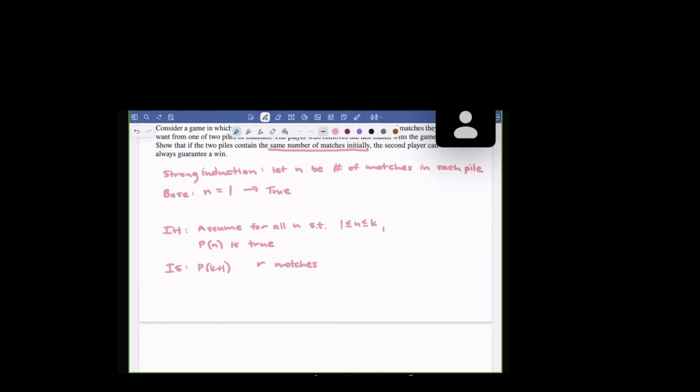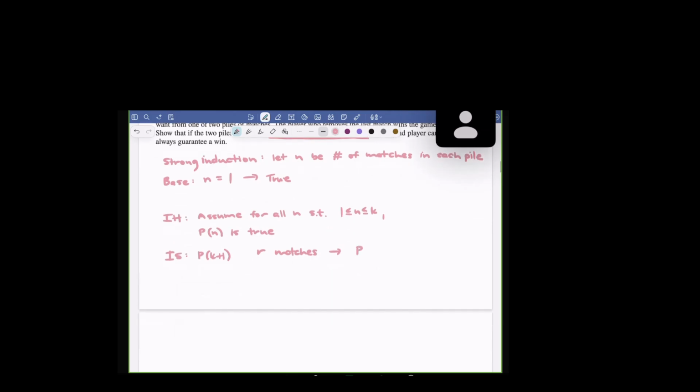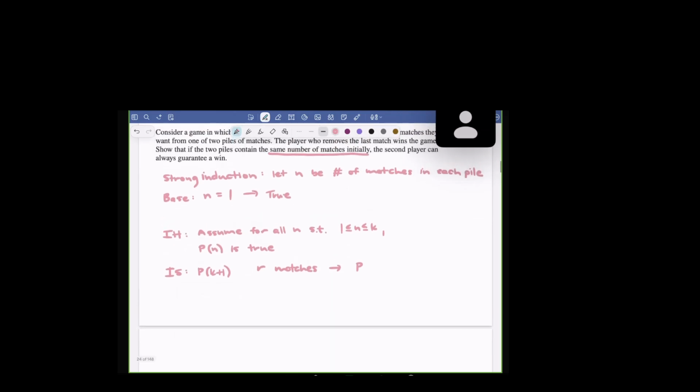We now have k plus 1 minus r matches in both piles.